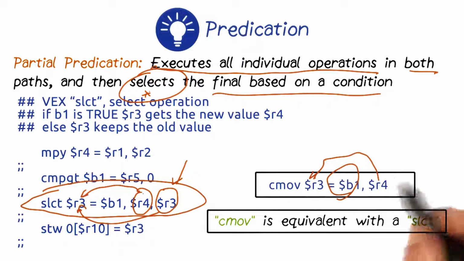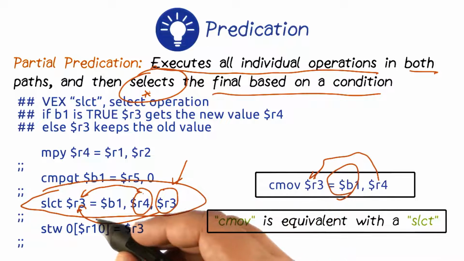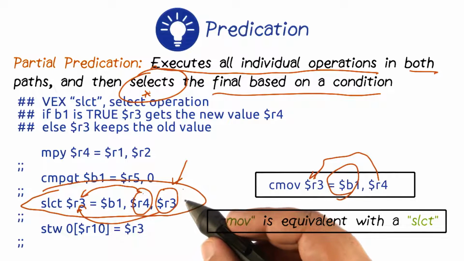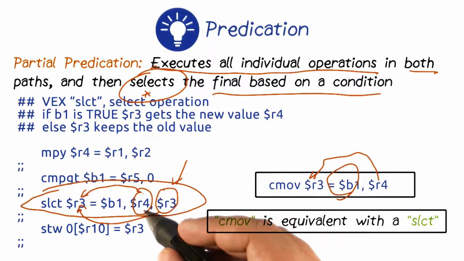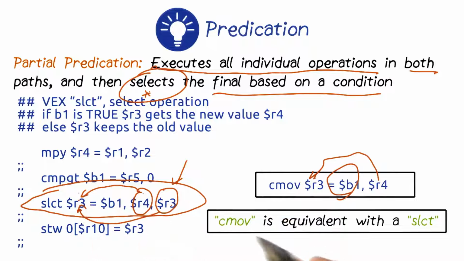If it is not, we are not going to do anything, and so we could make a more efficient code generation decision over here. But in general, we would be using an SLCT type of instruction, because we could have, instead of this R3, some other result present in another register, let's say R2, and then it will be a question of whether to assign R4 to R3 or R2 to R3, and that's why this instruction.